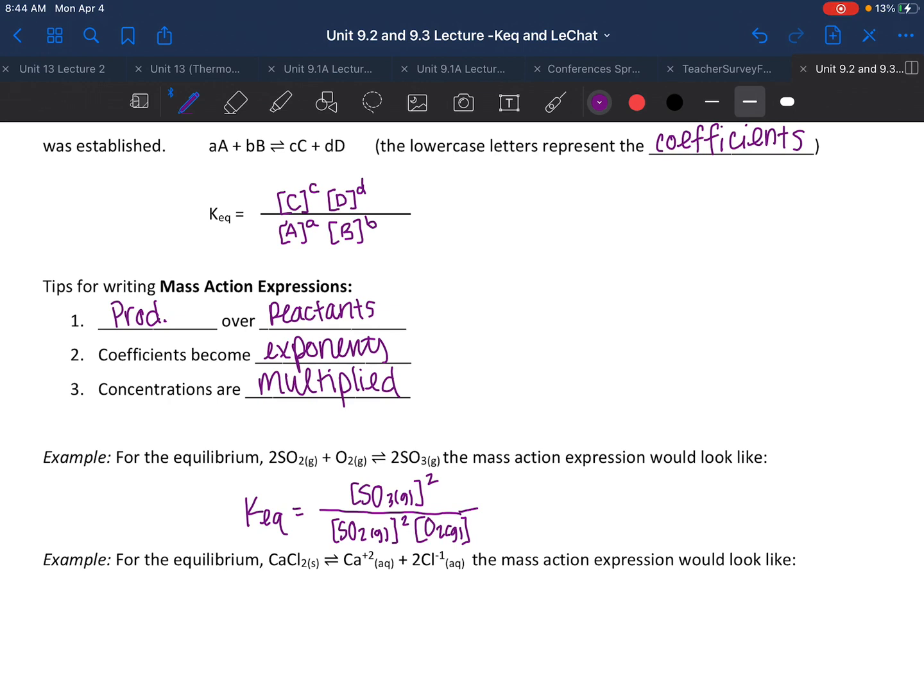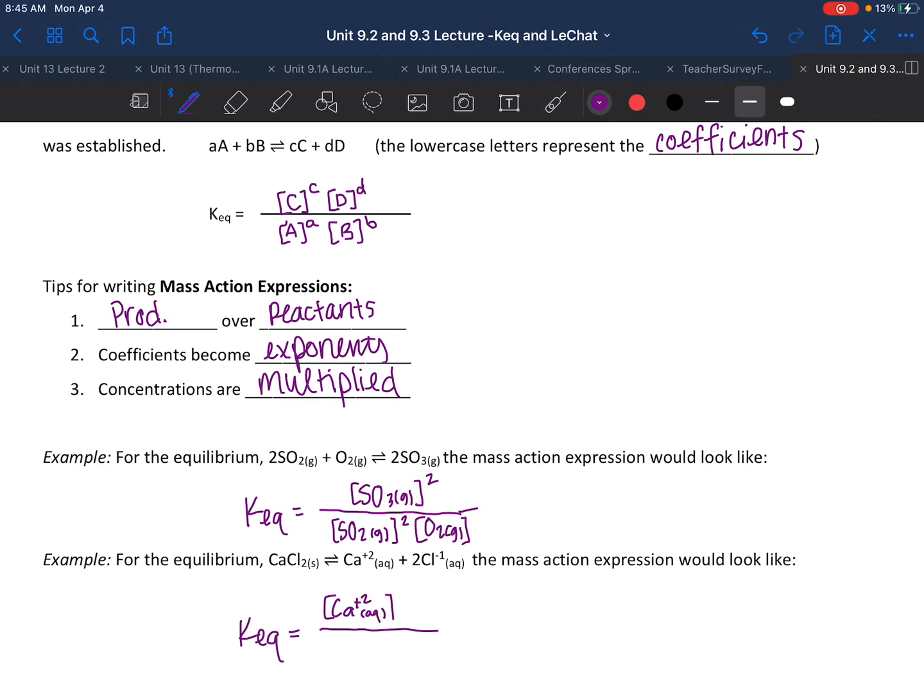For the next one here, this is an example of a phase change, or sorry, not a phase change, a solution equilibrium, which we'll talk about in a second too. But how we write this out, very similarly, set up that KEQ is equal to calcium plus 2 aqueous.